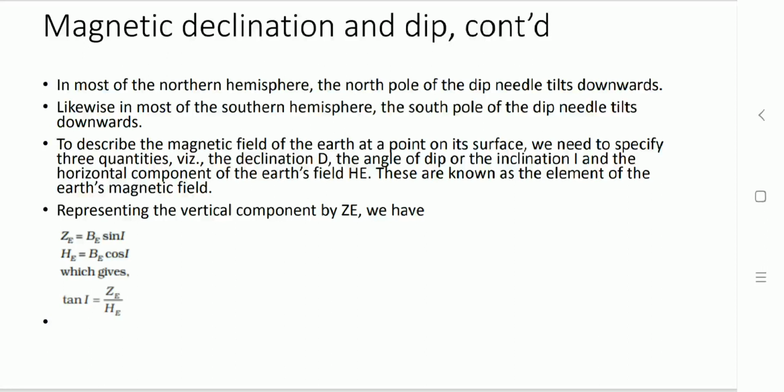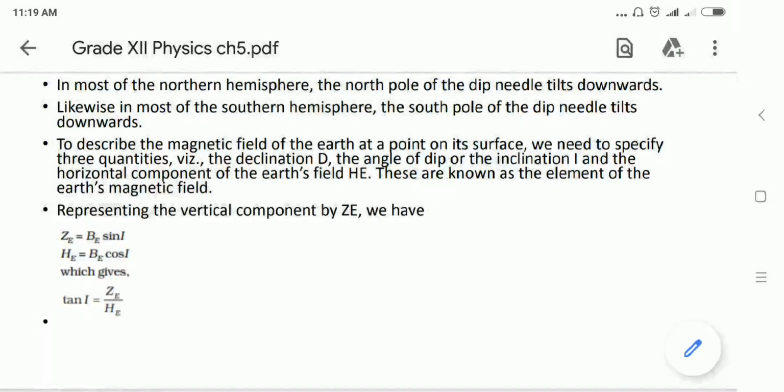So, to describe the magnetic field of the earth at a point on its surface, we need to specify three quantities: declination, inclination, and the horizontal component of the earth's field, that is HE.